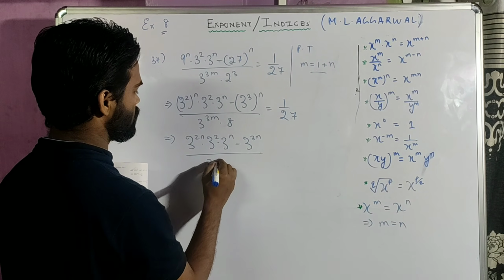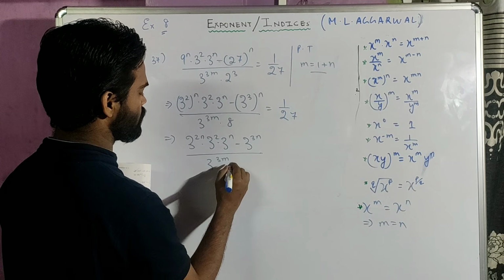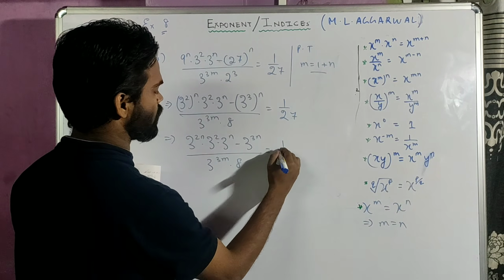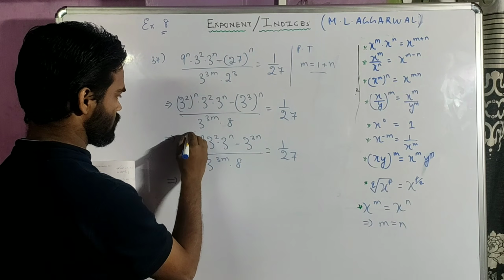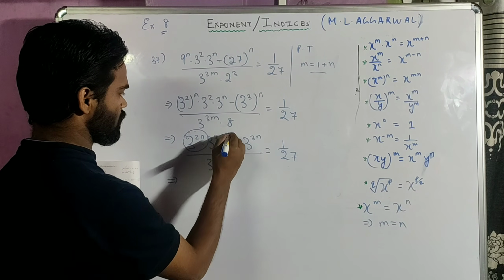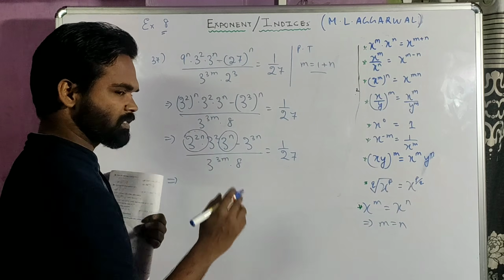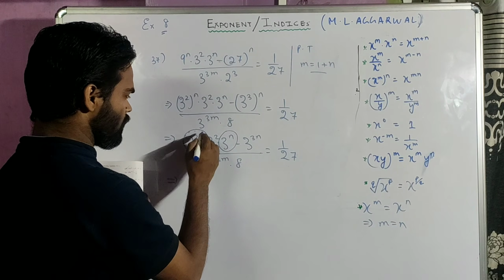This is 3 to the power 3m into 8 equals to 1 by 27. Now look carefully, this and this, though the bases are same in all the three, I use this only.